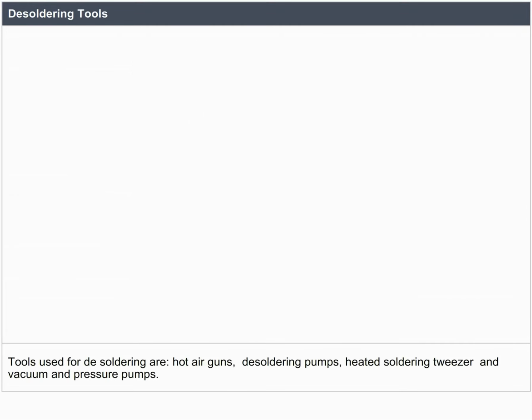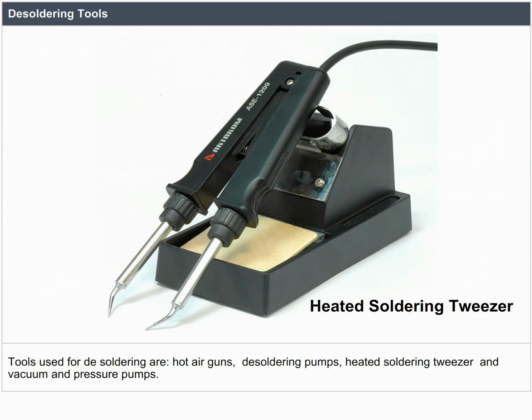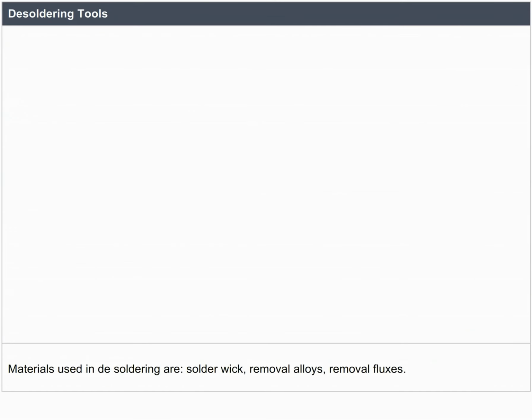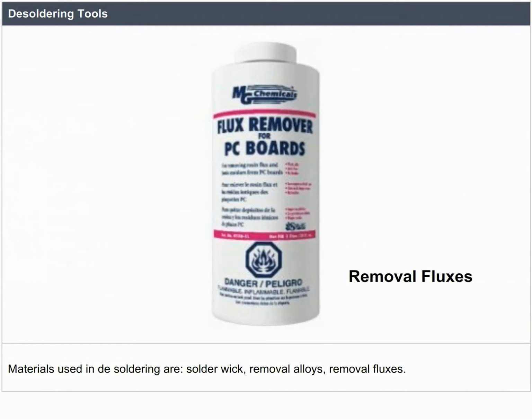Desoldering tools. Tools used for desoldering are hot air guns, desoldering pumps, heated soldering tweezers, and vacuum and pressure pumps. Desoldering materials. Materials used in desoldering are solder wick, removal alloys, and removal fluxes.